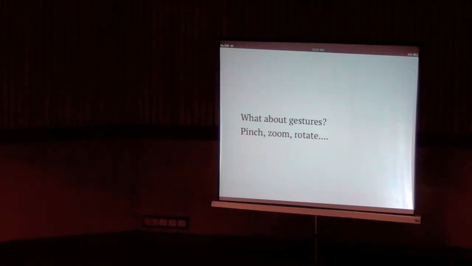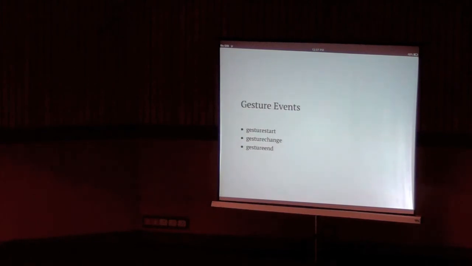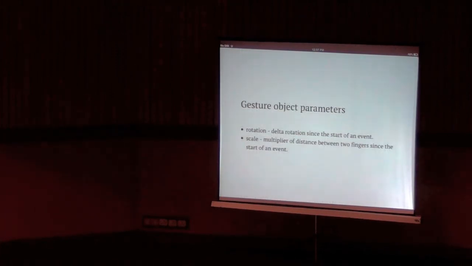So now what about gestures? Gestures are also mostly the same thing. You have pinch, zoom and rotate. They get passed as different events: gesturestart, gesturechange and gestureend. Each gesturestart, gesturechange and gestureend event again gets a gesture object, very much like the touch event had.